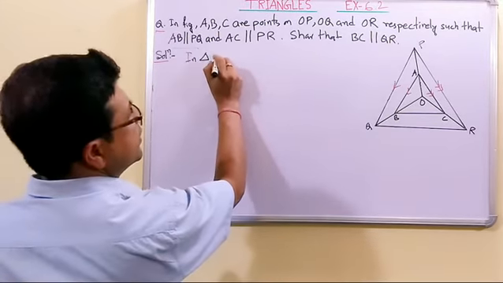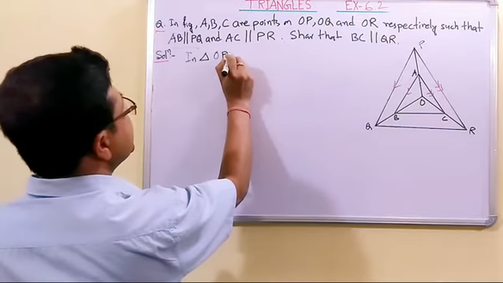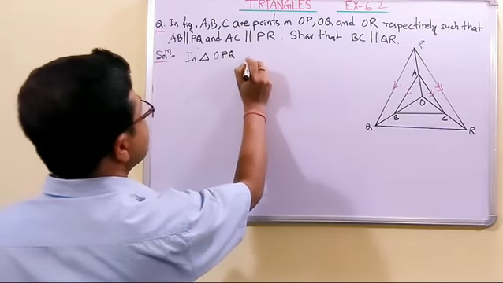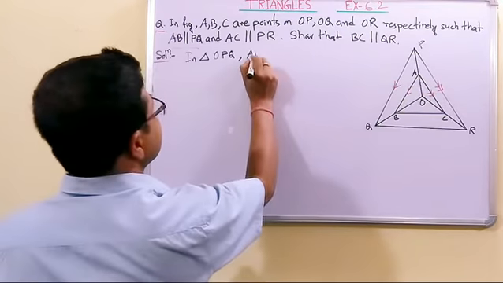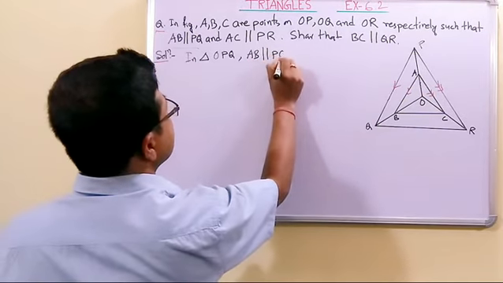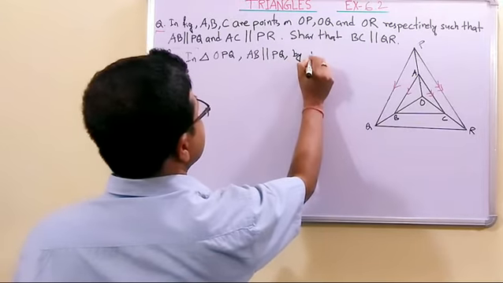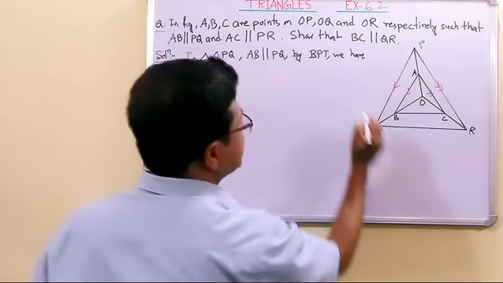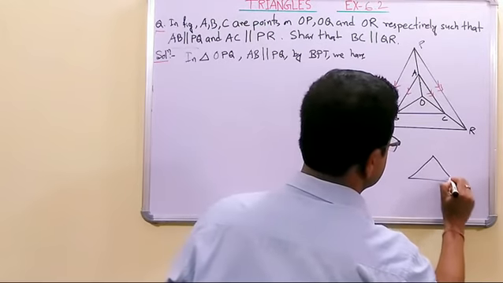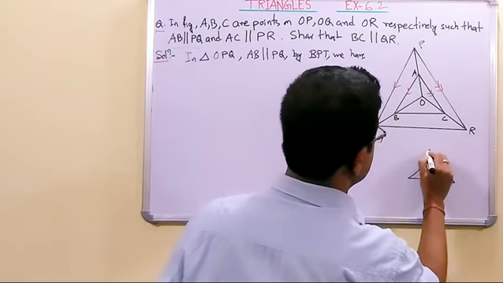In triangle OPQ, which two are parallel? AB parallel to PQ. By BPT, we have, let us draw the figure so that you can understand very easily. It is OPQ.